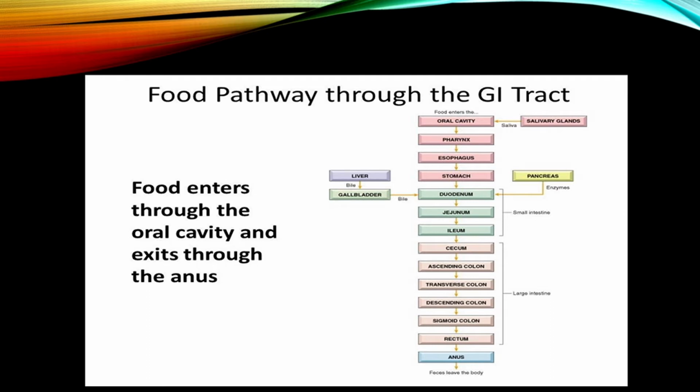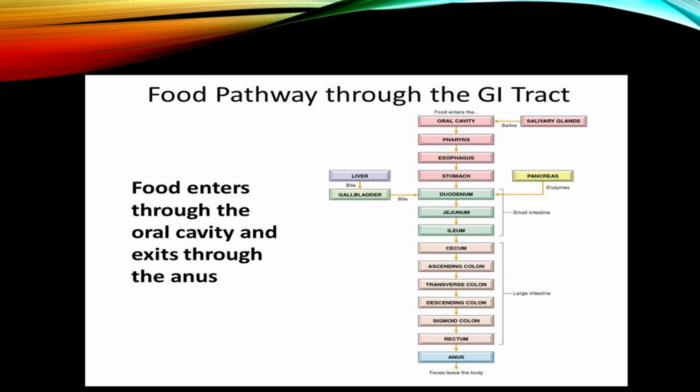This is the simplest anatomical flowchart of the digestive system, where you can see the food enters the oral cavity, and we'll briefly study the salivary glands, then pharynx, esophagus, stomach. Liver, gallbladder, and pancreas are the three additional important organs which play a very crucial role in the digestion and absorption of nutrients.